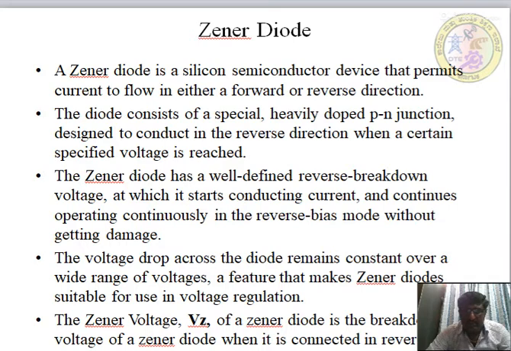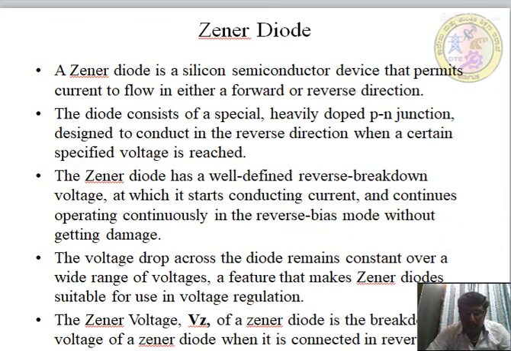A Zener diode has a well-defined reverse breakdown voltage at which it starts conducting current, and it continues operating in the reverse bias mode without getting damaged. So the Zener diode is designed for reverse breakdown voltage without damaging the diode.